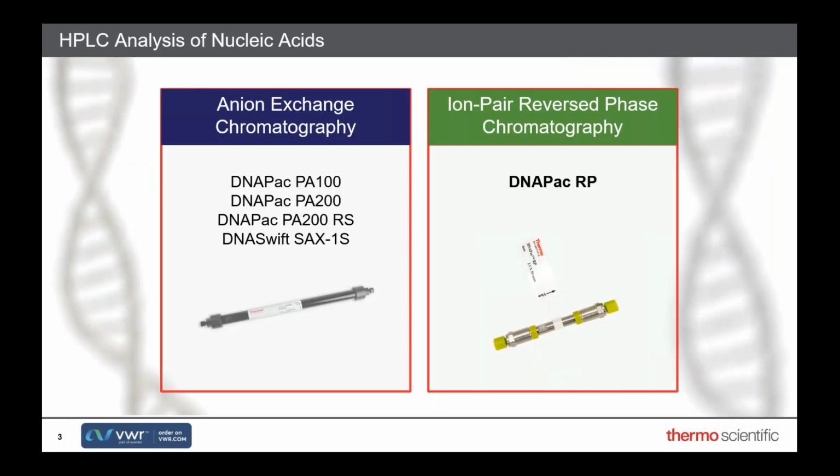Now, I'm going to talk about two different types of analysis, and I'm going to run through these relatively quickly because I want to get through more of the points of how you do this separation with anion exchange and ion pair reverse phase. Even now, I'd say anion exchange has that bit better separation power, but the reverse phase is now compatible with MS. One of the things I'd like to say up front: ion pair reverse phase uses amine ion pairs.